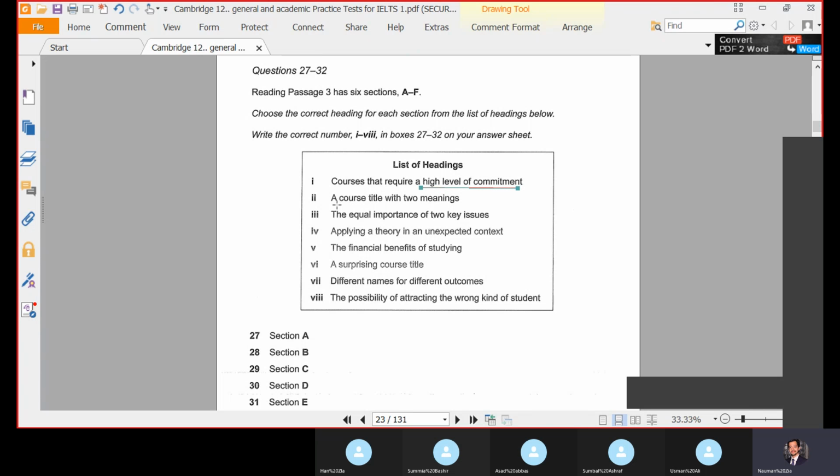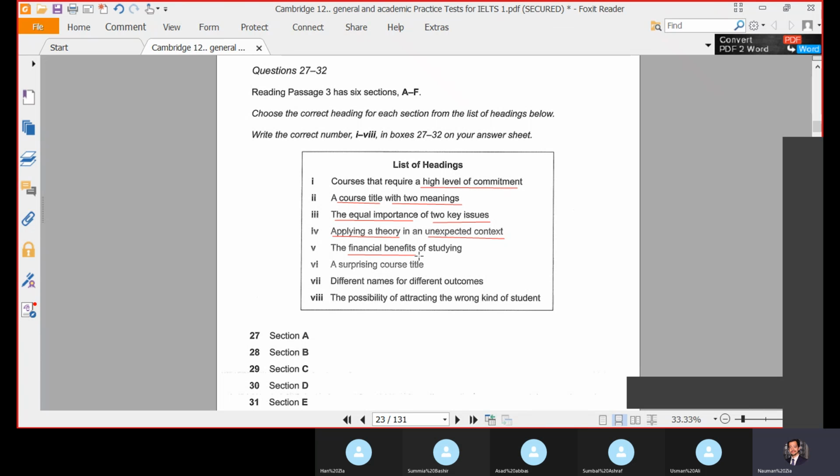Next, a course title with 2 meanings means there will be a discussion of a title and there will be 2 meanings. Next, the equal importance of 2 key issues, right? Next, applying a theory. Theory means that will be a kind of discussion about something in an unexpected context.